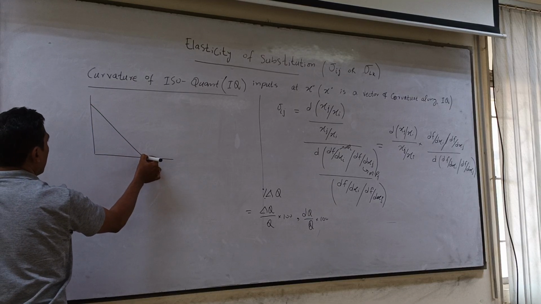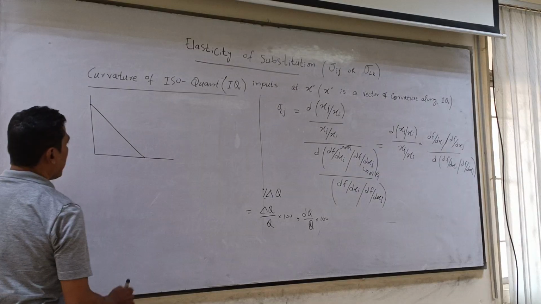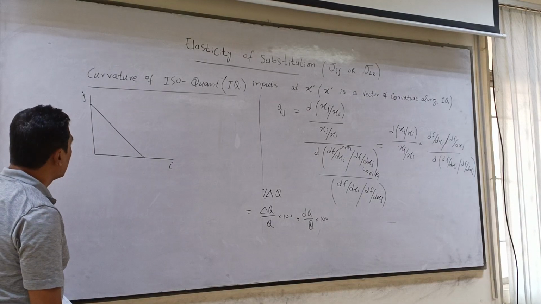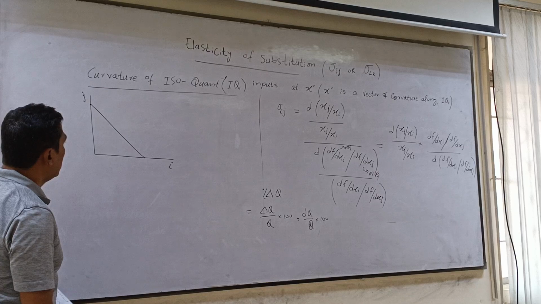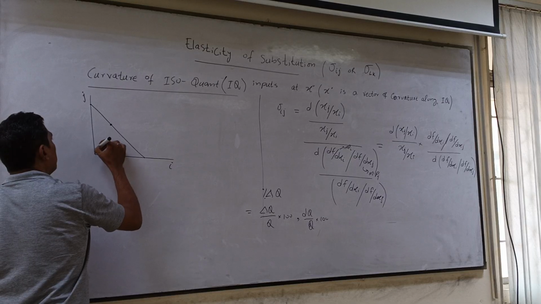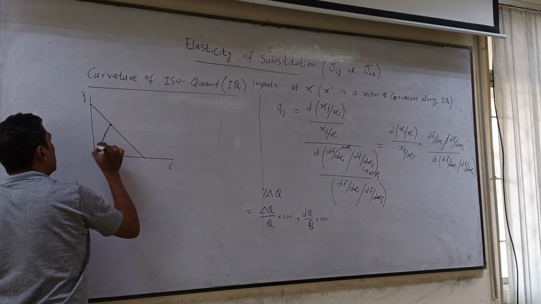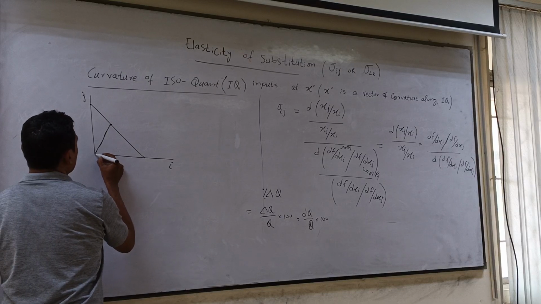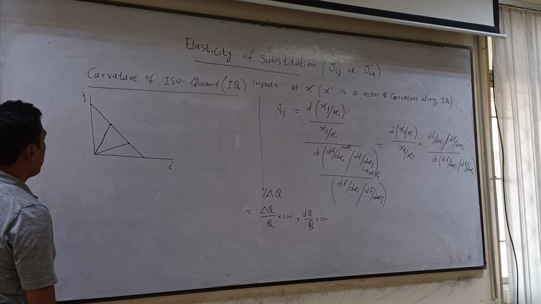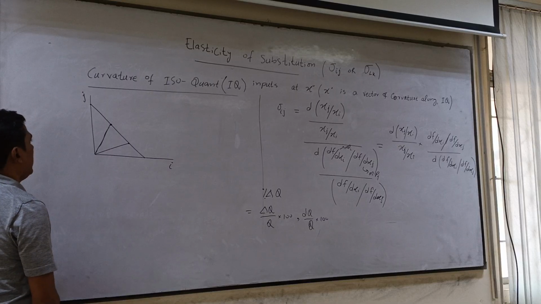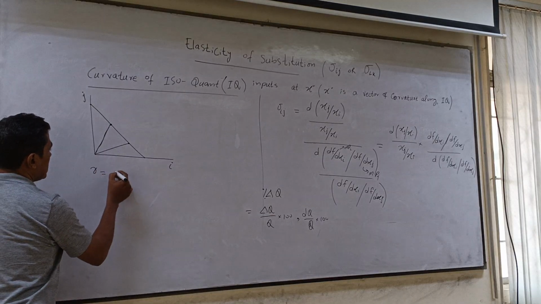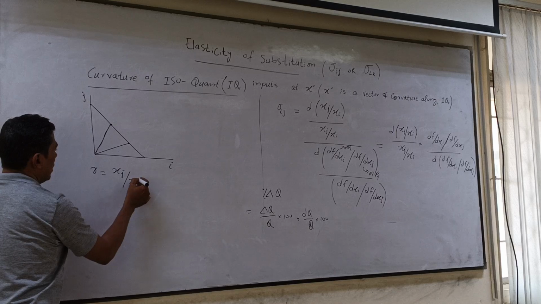This one. Clear? I and J two inputs. Right? Okay. So for example, it is, you will have this value here, and now R is what? R is X J over Xi.